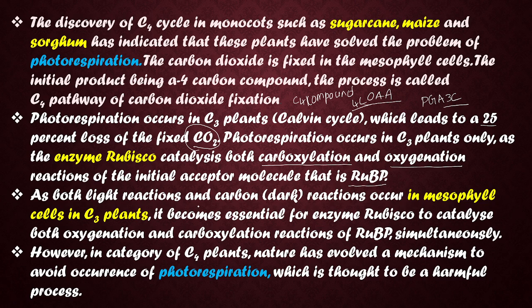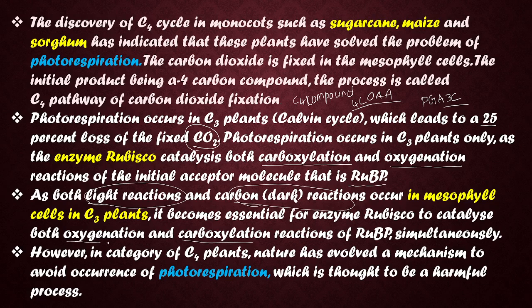As both the light reaction and the dark reaction occur simultaneously in the mesophyll cells of C3 plants, it becomes essential for the enzyme Rubisco to catalyze both the oxygenation and carboxylation reactions of RuBP.